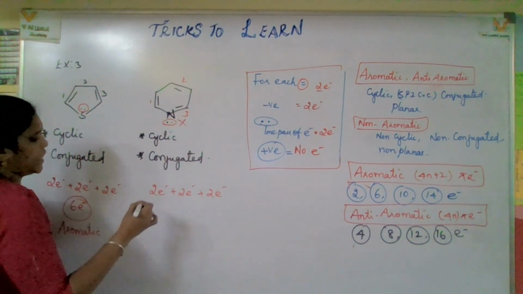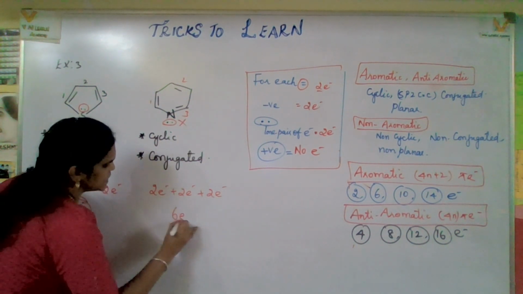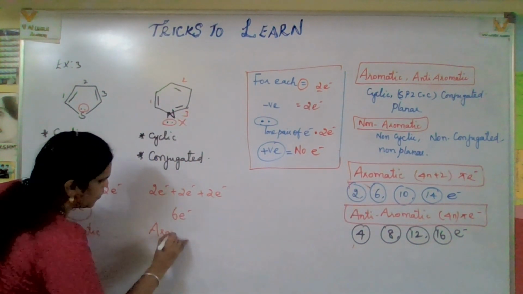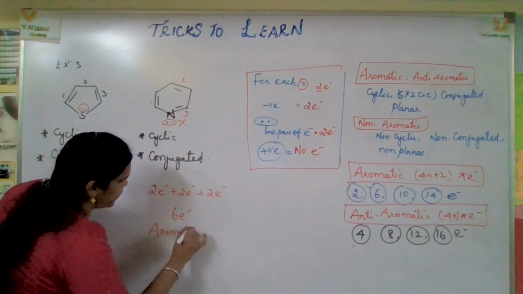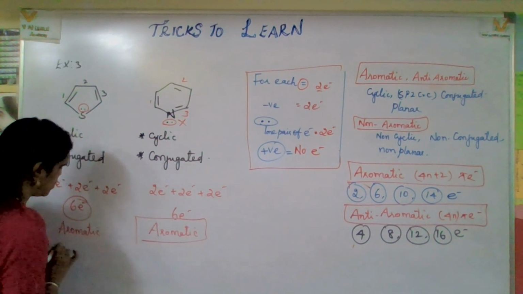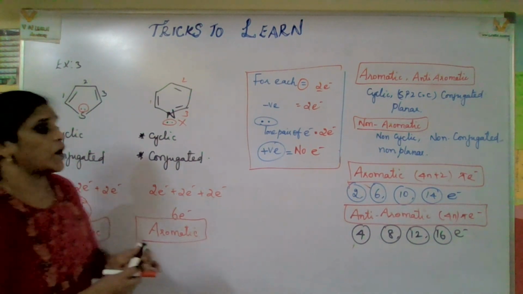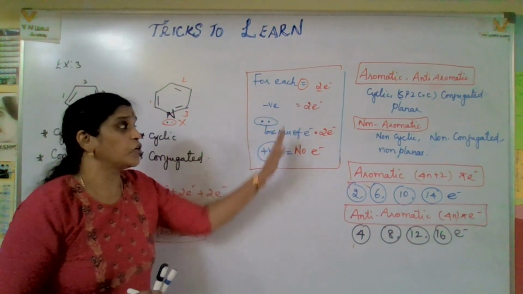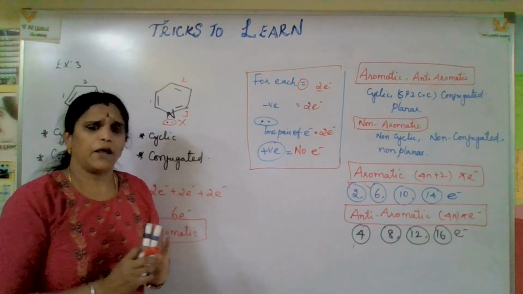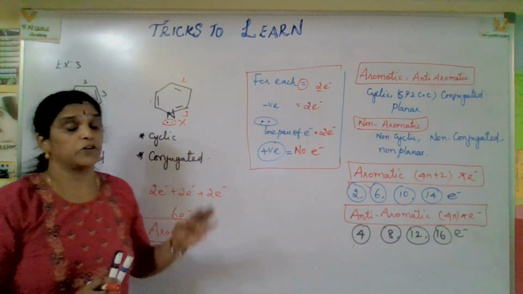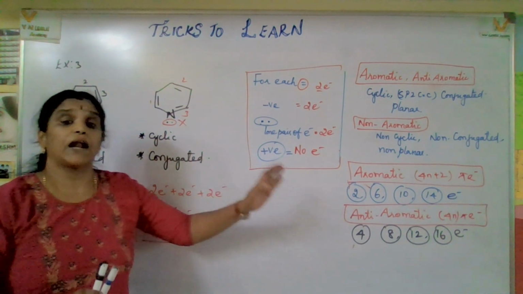Please note down. So here also 6 electrons. 6 electrons means aromatic. I hope you got a clear idea about aromatic and non-aromatic, how to identify, what the rules are, and how to calculate the number of electrons. I hope you're clear. Now let us check bicyclic compounds, whether they are aromatic or anti-aromatic.